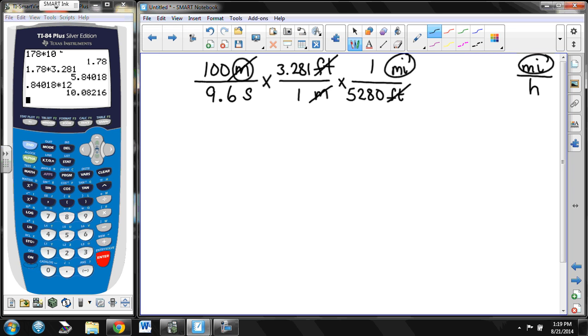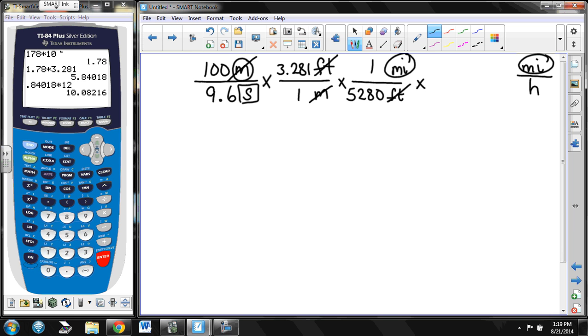But what do we have on the bottom? Do we have hours? No. On the bottom, we started with seconds. So somehow we've got to get rid of those seconds. What do you know about seconds for time? Usually somebody says, I know there are 60 seconds in 1 minute. So we can start off with that.